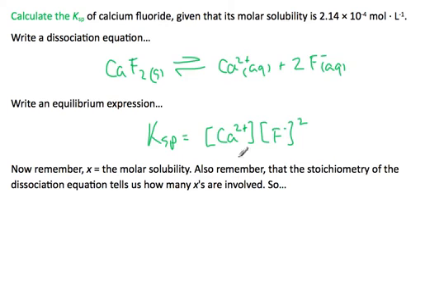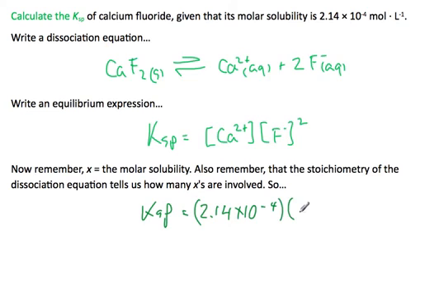And so after that, all we worry about is we're going to substitute our variable x, but we know what x is. X equals 2.14 times 10 to the negative 4. There's a single x for calcium, so that's going to be 2.14 times 10 to the minus 4.